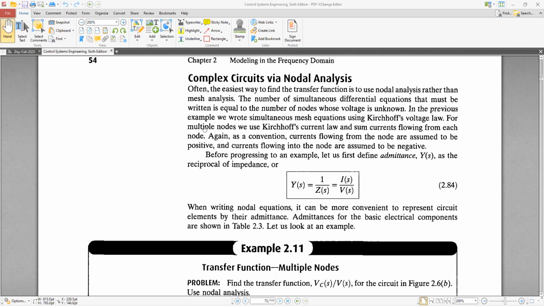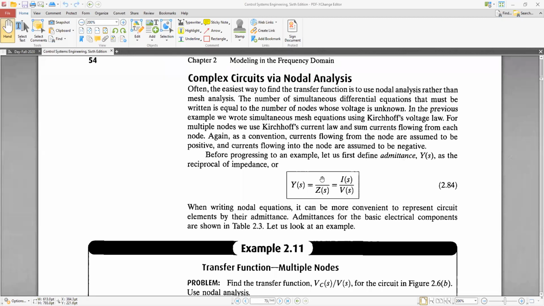In the previous example, we wrote simultaneous mesh equations using Kirchhoff's voltage law, KVL. For multiple nodes, we use Kirchhoff's current law and sum currents flowing from each node. Again, as a convention, currents flowing from the node are assumed to be positive, and currents flowing into the node are assumed to be negative.